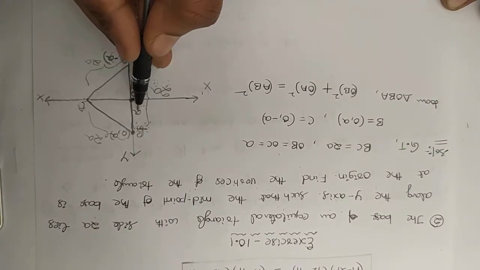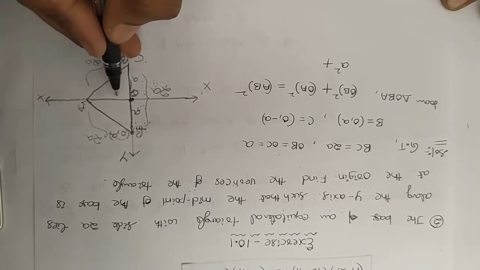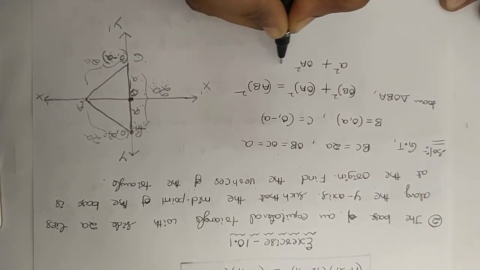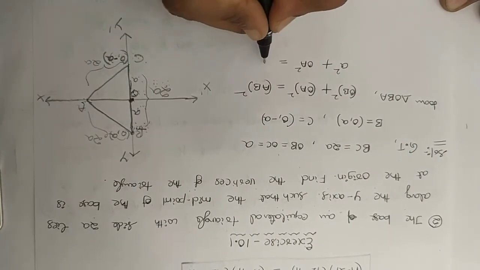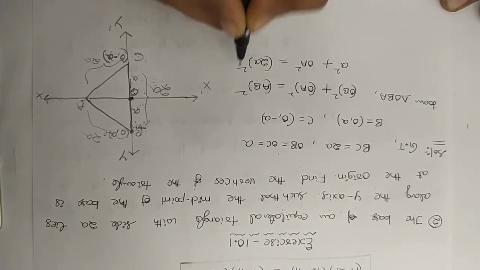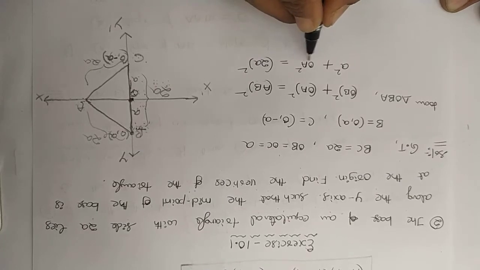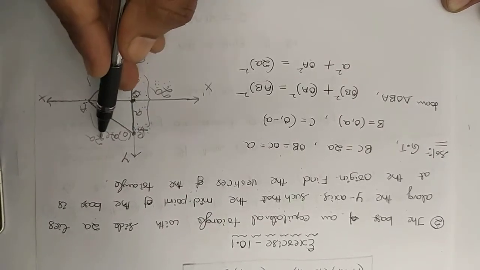OB is a, so that is a square plus OA square. This is what we have to find, OA. You just keep it as it is. OA square equals AB square. AB is 2a, so 2a whole square. Right? Now, we want OA. This length we know, 2a.